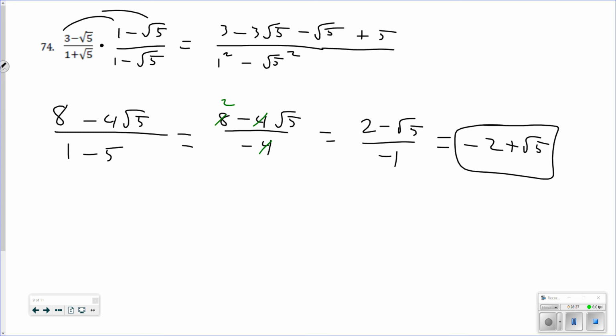Any questions about that? Yes, that last step. You want to write 1 over negative 1, you just get negative 1, right? Same thing with this. What number is this? 74. Yep. All right.